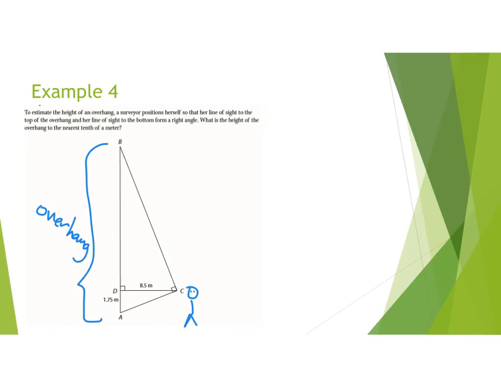So to find that, we'll need to find the length BD first so that we can add from B to A and have the entire length of the overhang. So I'm going to go with the small and the medium triangle again. The small triangle would be drawn out. Should have given myself some more room.